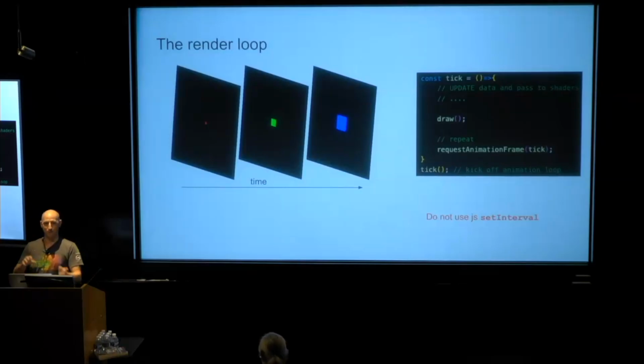So if I move away, it's still running, and it's going to be using a lot of resources. requestAnimationFrame is a JavaScript function that allows you to only continue if that is the active tab. That makes sense? Okay. And this way, you don't have to worry about a longer render time. You don't have to worry about how often you're running it.